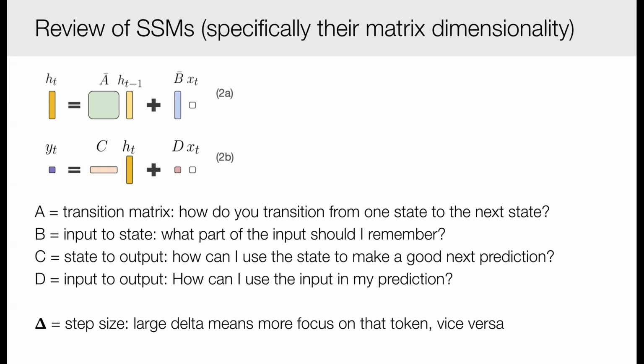Your D matrix is essentially your skip connection that takes the input to the output. Your C matrix transforms your current state into an output, YT. And your B matrix takes your input and shows how it affects the current state. And delta is the step size, which is also a learned parameter. So larger delta means more focus on a specific token, and smaller deltas means less focus on a specific token.